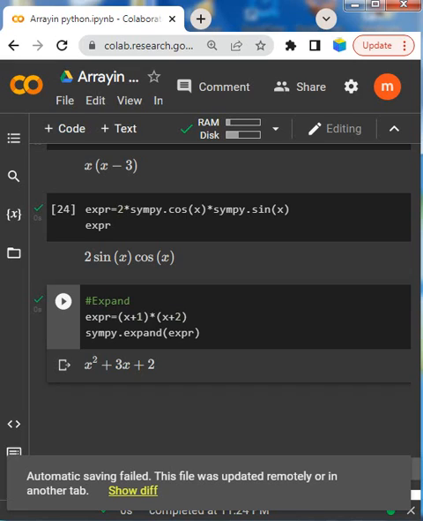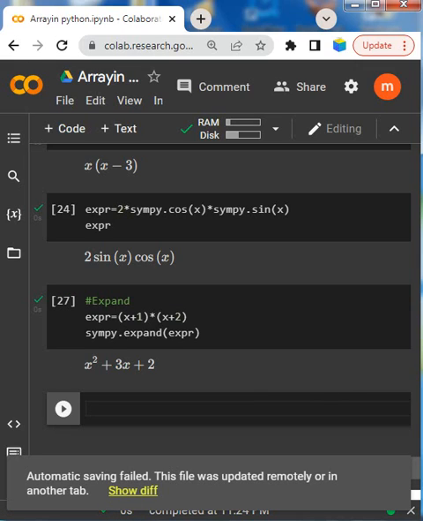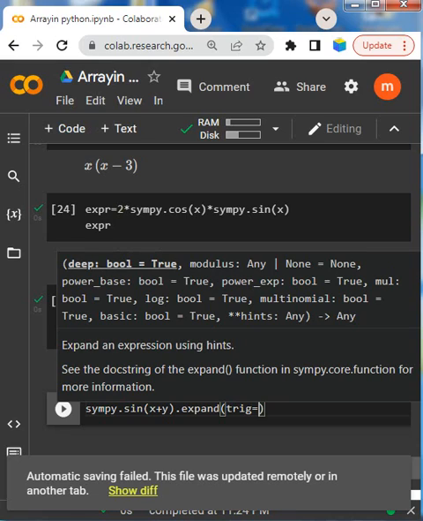So sympy.sin(x + y).expand, also if you want to write trig=True, it is possible to print. So let's see, sympy.sin(x + y).expand(trig=True).